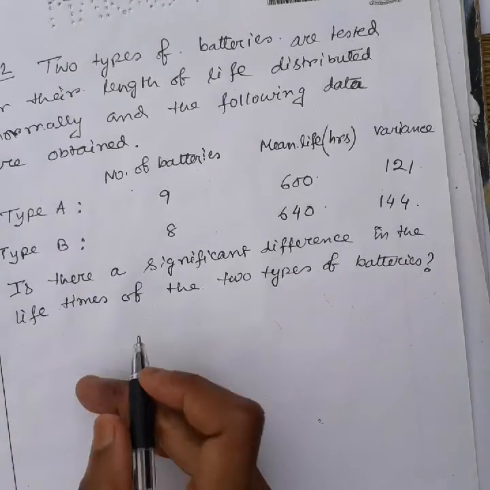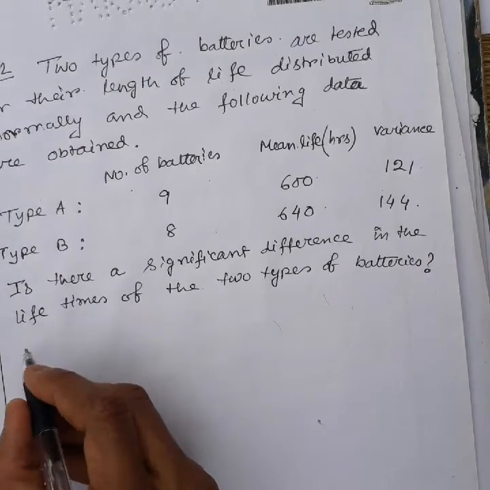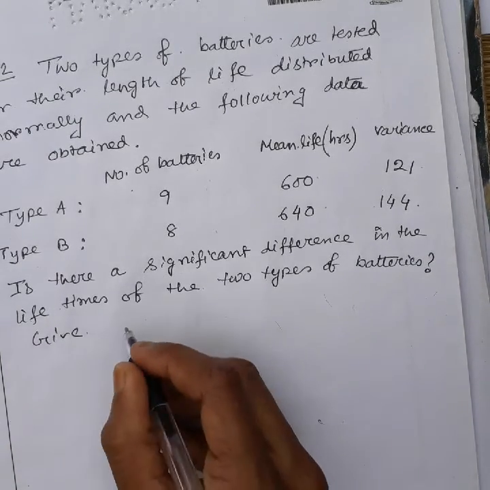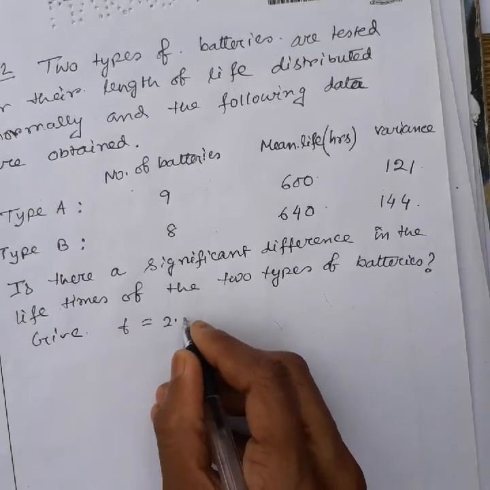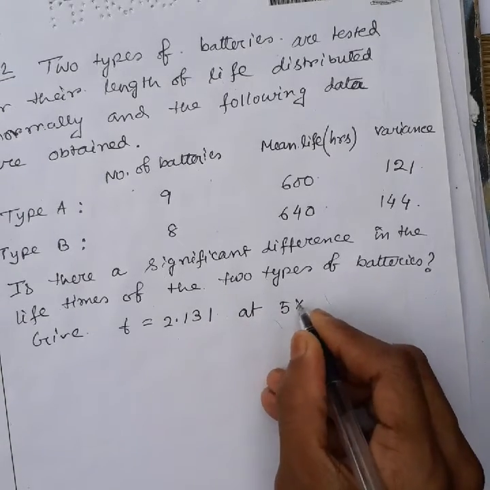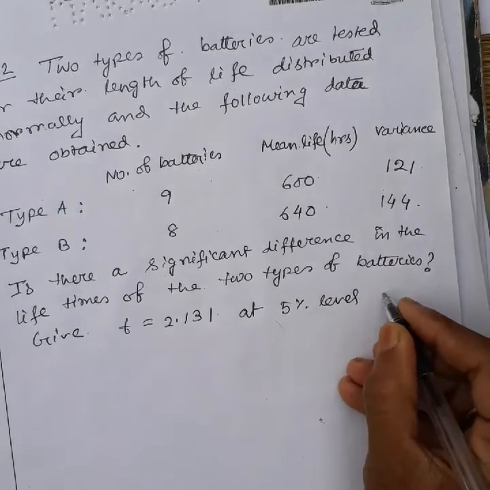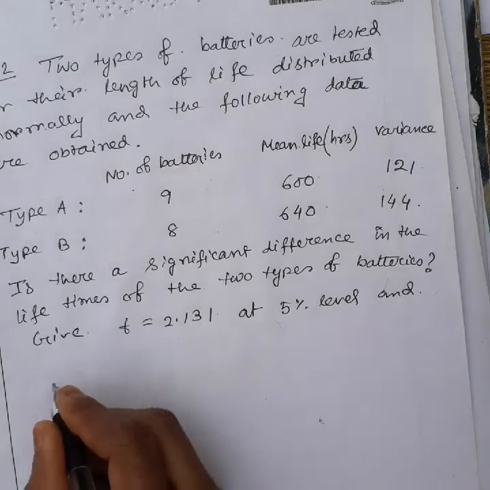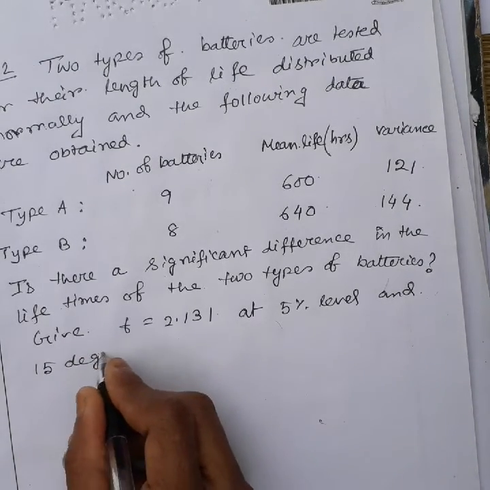Okay, and it is given that T is equal to 2.131 at 5% level and 15 degrees of freedom.